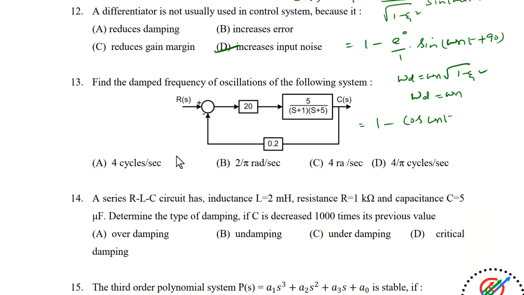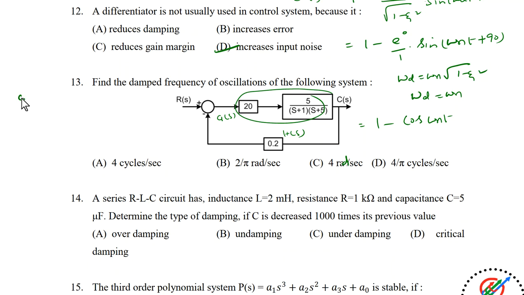Now, next question. Find the damped frequency of oscillations of the following system. The answer is 4 radians per second. Now what we need to find is, let us consider this one as G of s and this one as H of s.